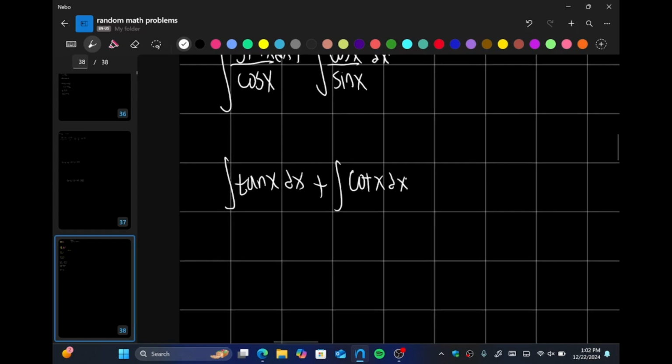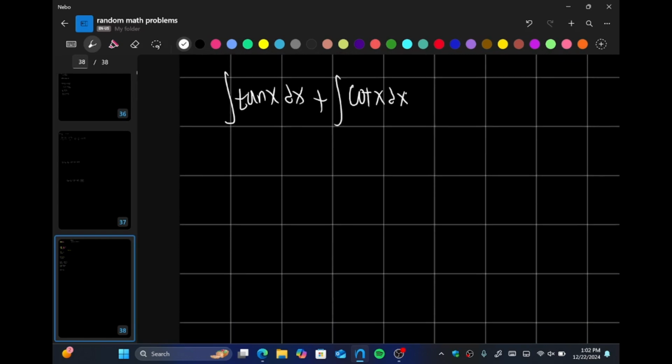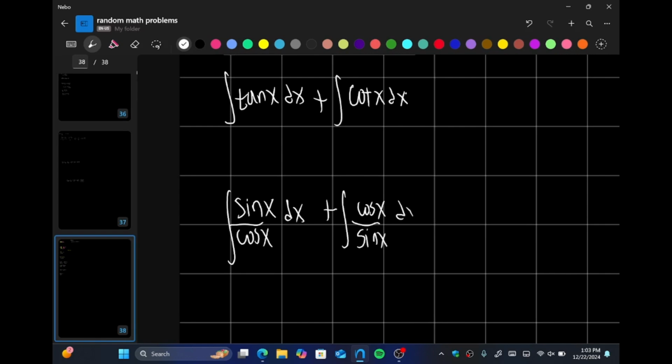Here's the thing, guys, if y'all want me to, I will show y'all the detailed explanation for tan x. This is the integral of sine x over cosine x dx plus the integral of cosine x over sine x dx.